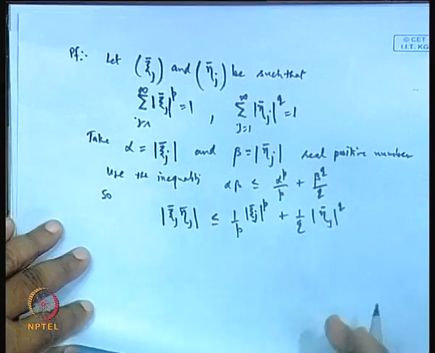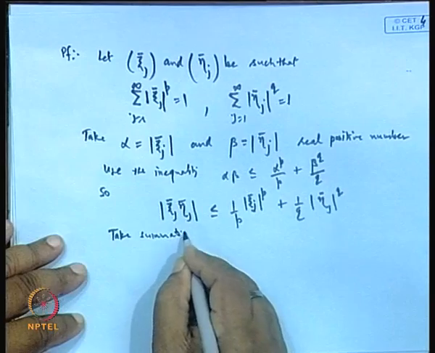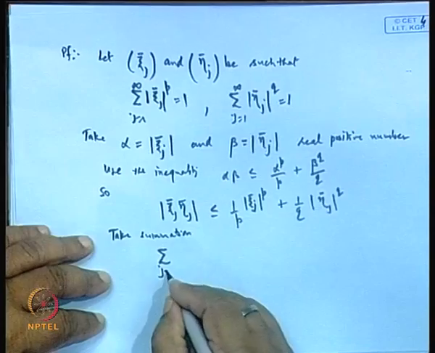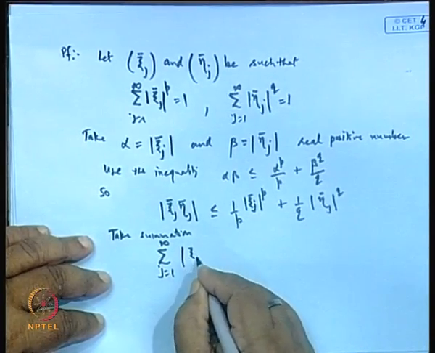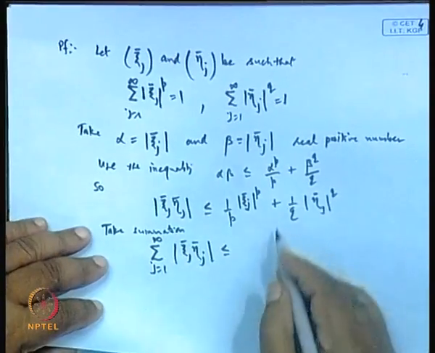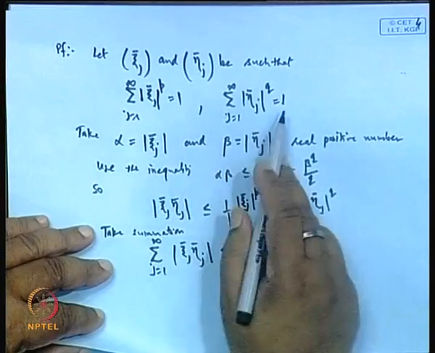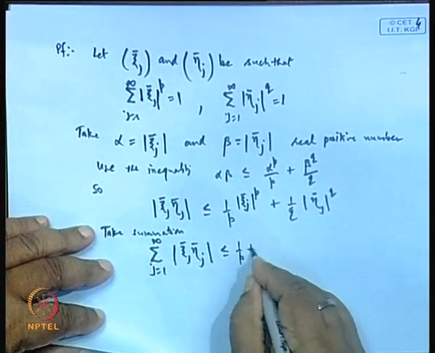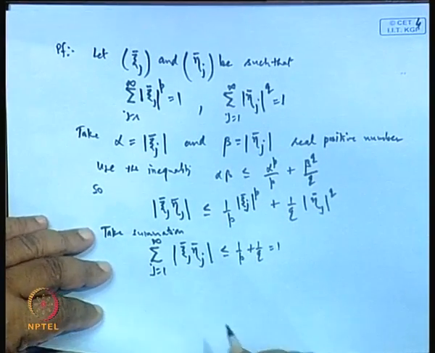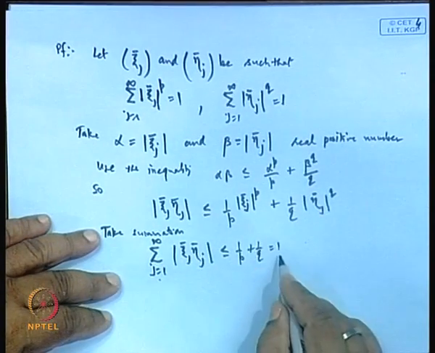Now, take the summation, so sigma j is 1 to infinity mod of xi_j bar eta_j bar is less than or equal to. Now, when you take the summation, sigma of mod xi_j bar to the power p is 1, sigma of this is 1. So, it will be 1 by p plus 1 by q, that is 1. So, what we get is that sigma j equal to 1 to infinity xi_j bar eta_j bar is at most 1.